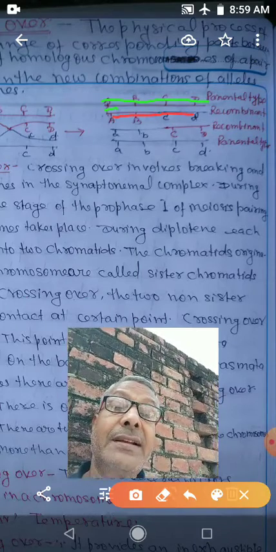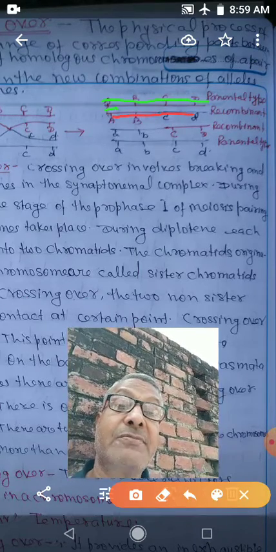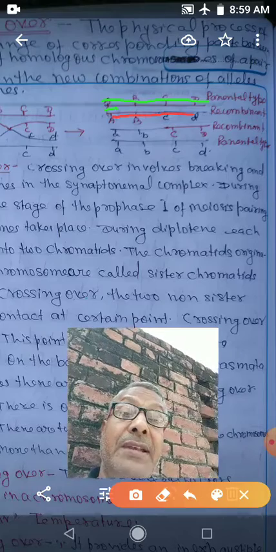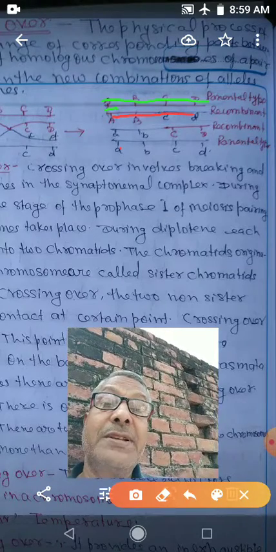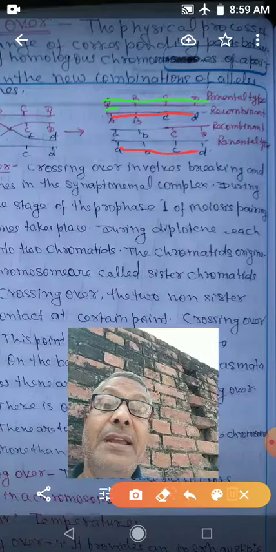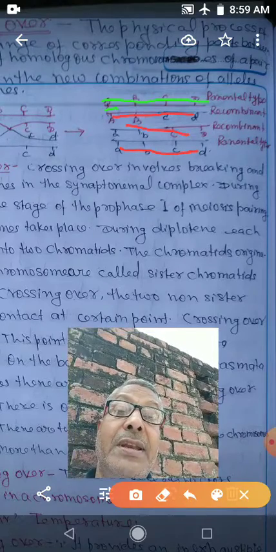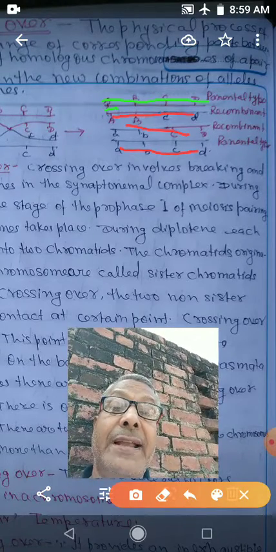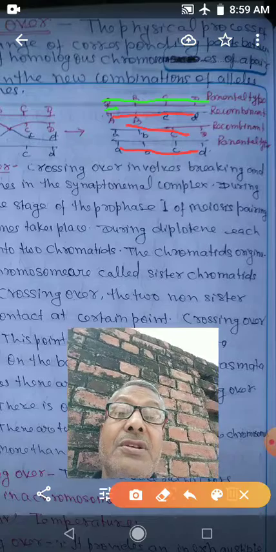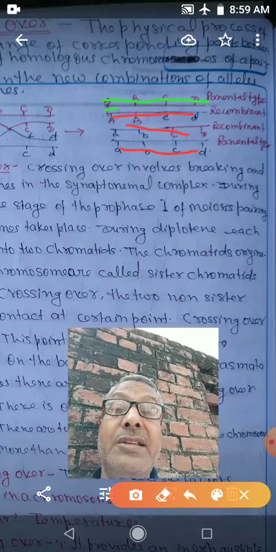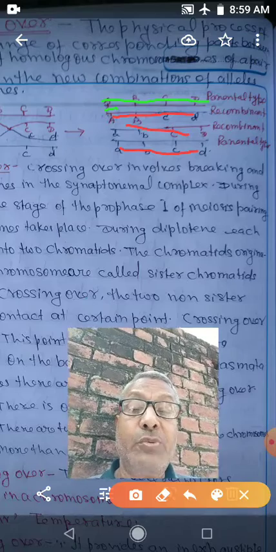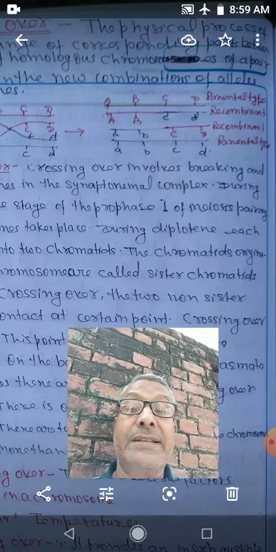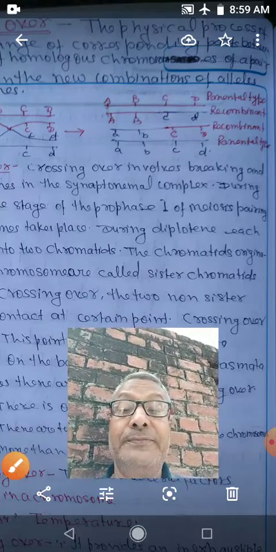So in that, capital A, capital B, but small c, is the recombinant. Like this in the other also, one is present in the parental type and the other is recombinant, small a, small b, capital C, capital D. So this breaking, rejoining, exchange of chromosomal segment between non-sister chromatids is the crossing over.